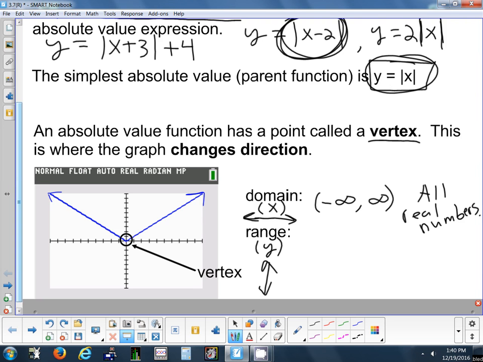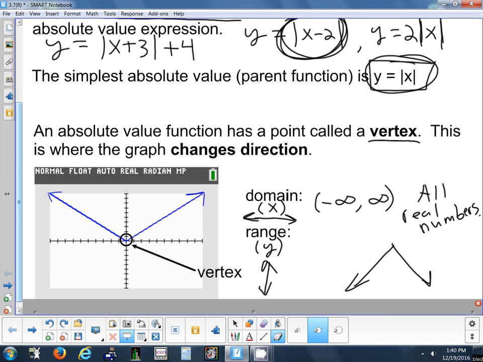Is it going down forever? No. Absolute value functions can either go up forever, or if it was flipped over like this, it could go down forever, but it can't do both at the same time. It's one or the other.